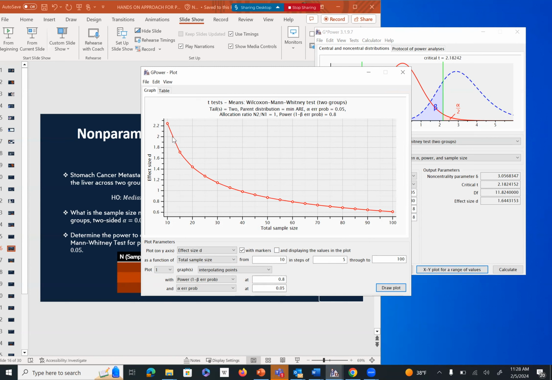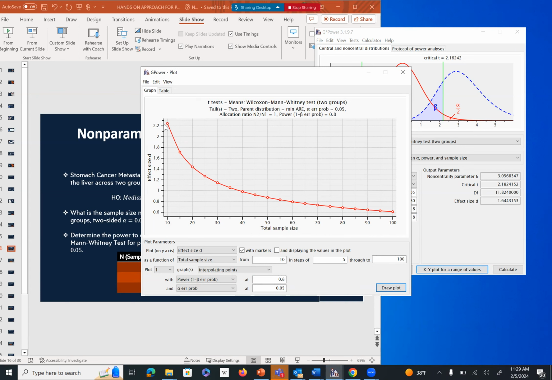So here, if you see for this Mann-Whitney U test, if you have a smaller sample size, you'll have a higher effect size. Because you have few subjects, it pretty much says that you see a larger difference because it's so constricted and you have a small amount of data samples.